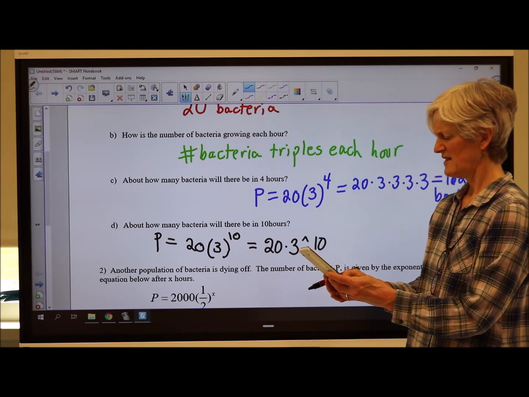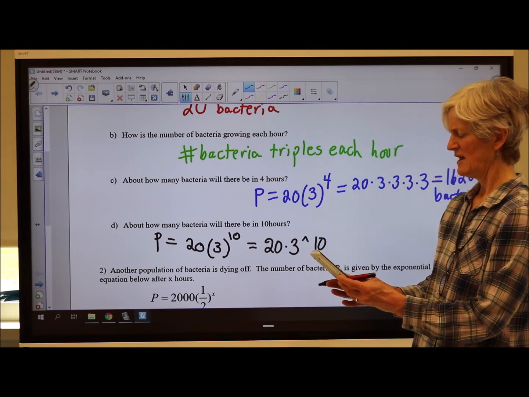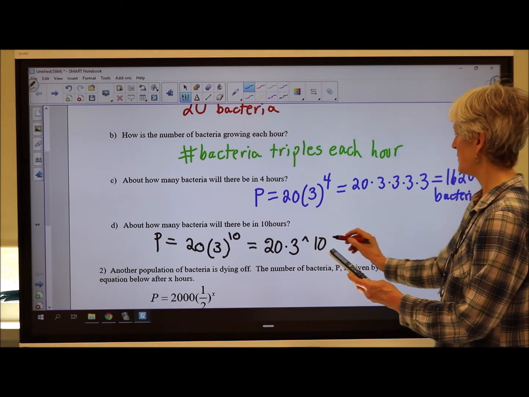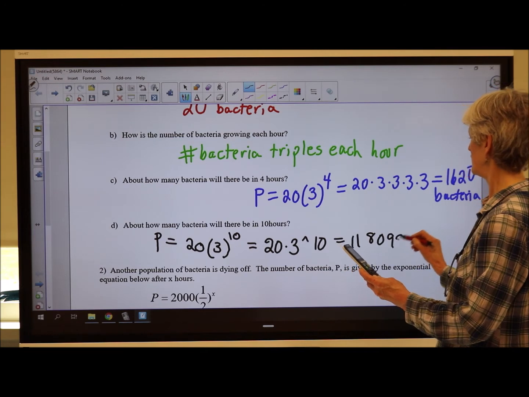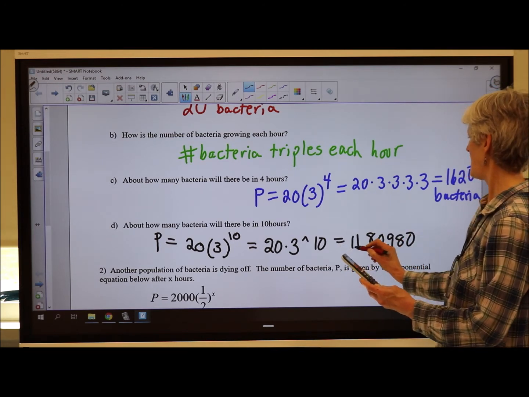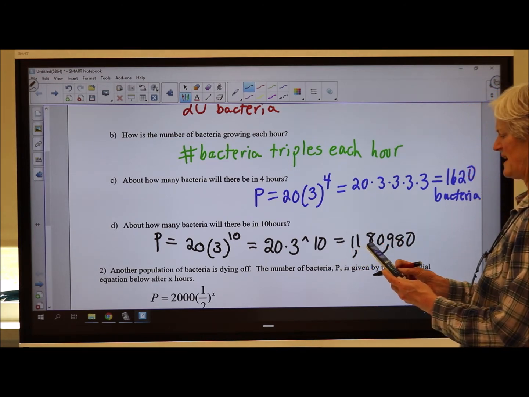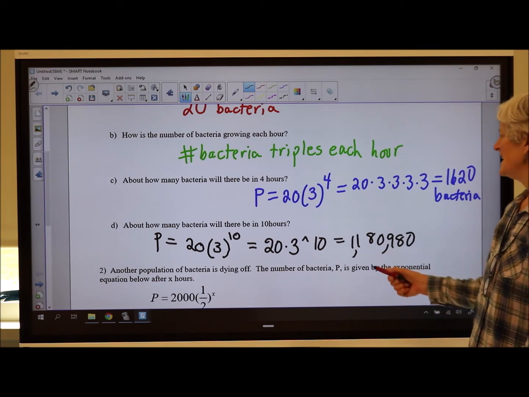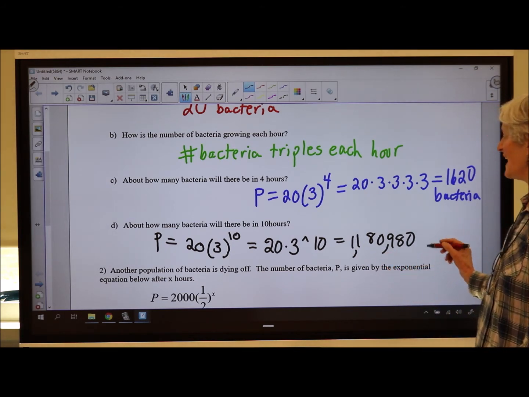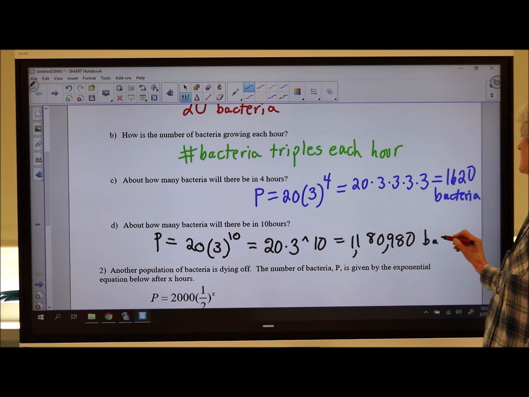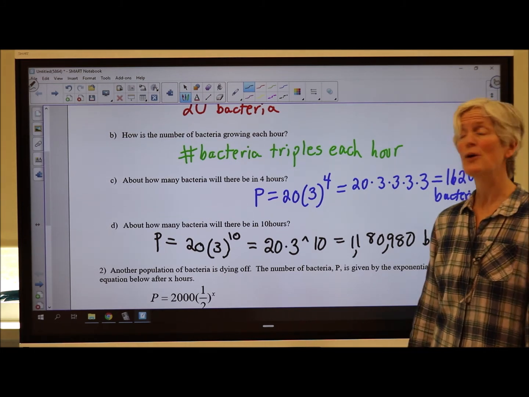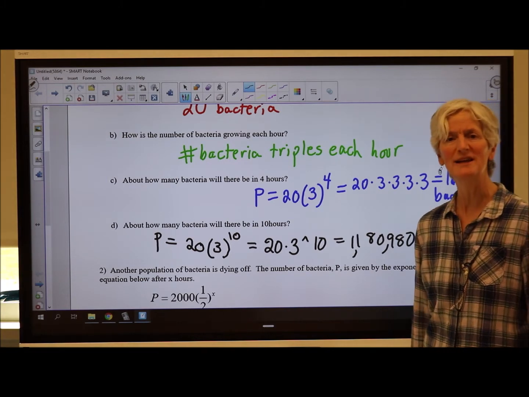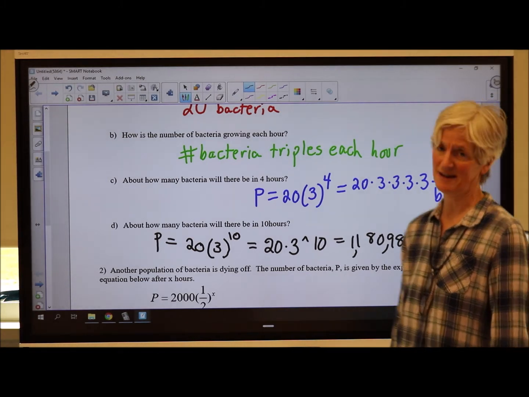Woo, that's a big number. 1,180,980 bacteria. I'm not reading, I don't have my glasses on, so I hope I did that right. So you can see these exponential growth functions, they grow so quickly.